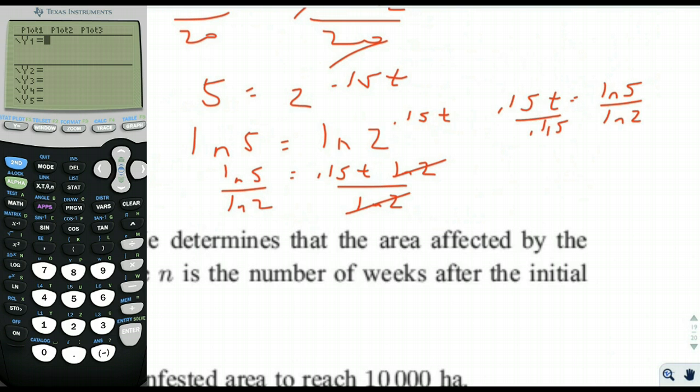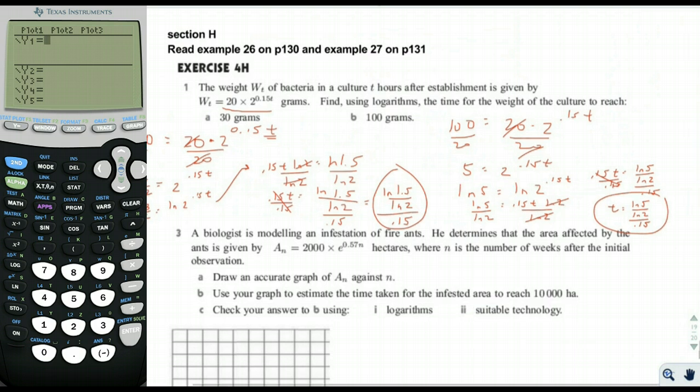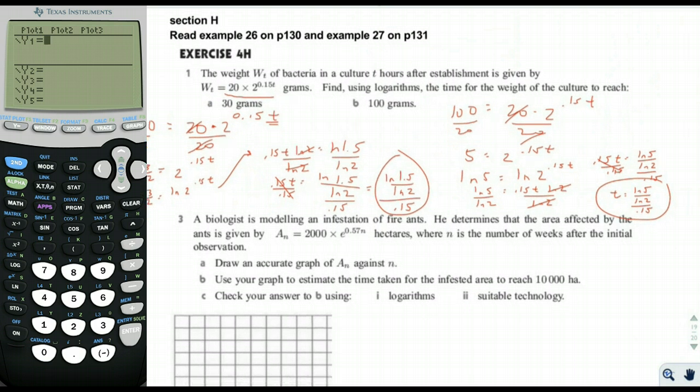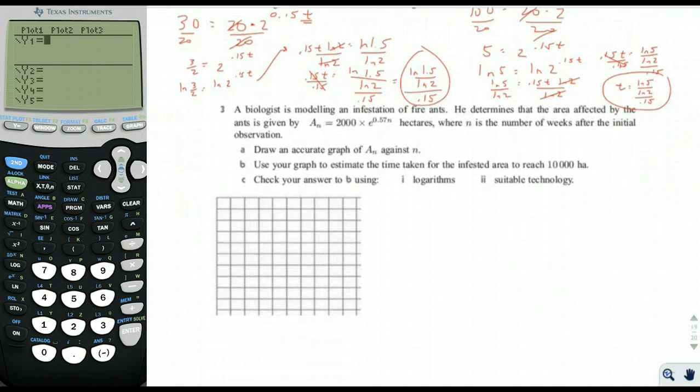Divide both sides by 0.15, and we end up with t is equal to natural log of 5 divided by natural log of 2 divided by 0.15. So those are the two answers. If you divide that on your calculator, you'll get the numbers. So we used logarithms to figure that out instead of using graphing or the table on the calculator.